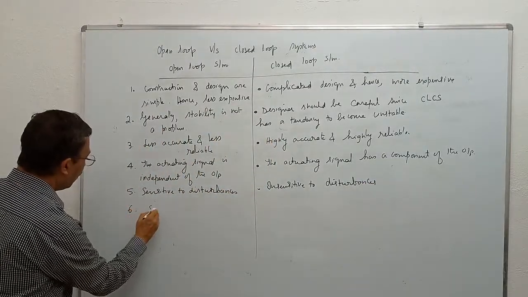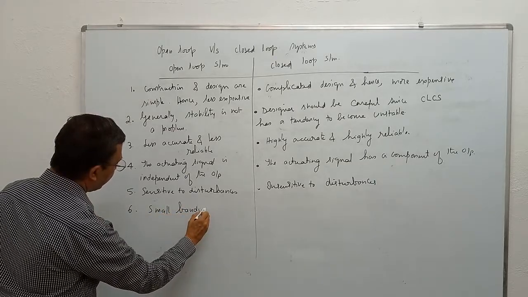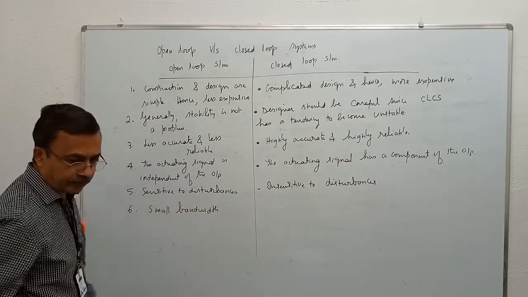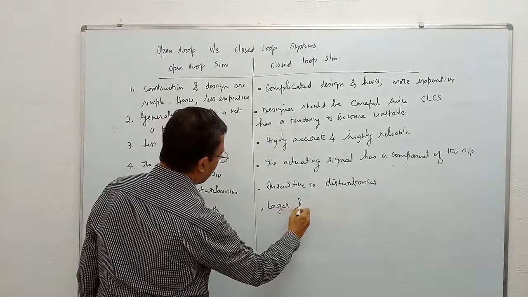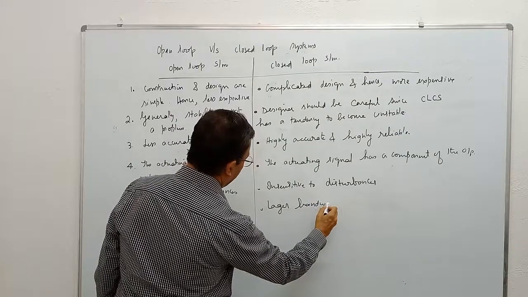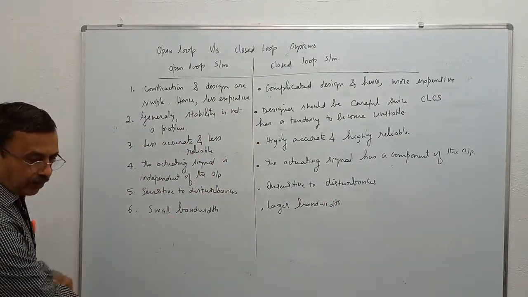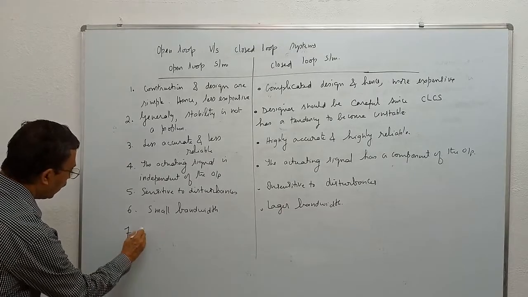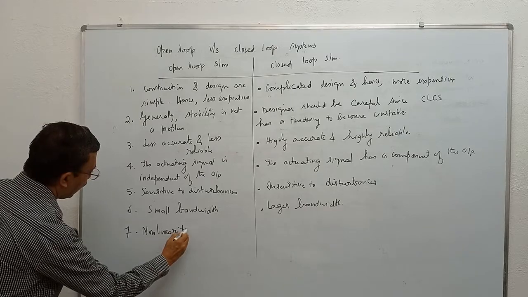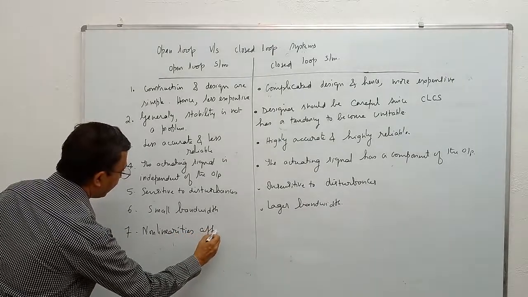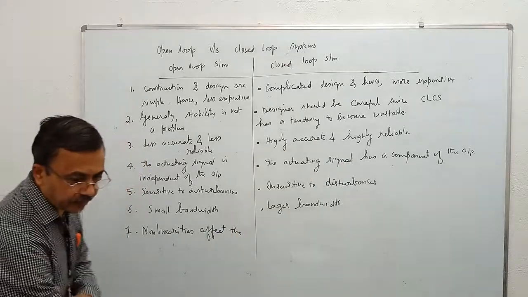Sixth one, small bandwidth for open loop, larger bandwidth for closed loop. Last point is non-linearities affect the system response.